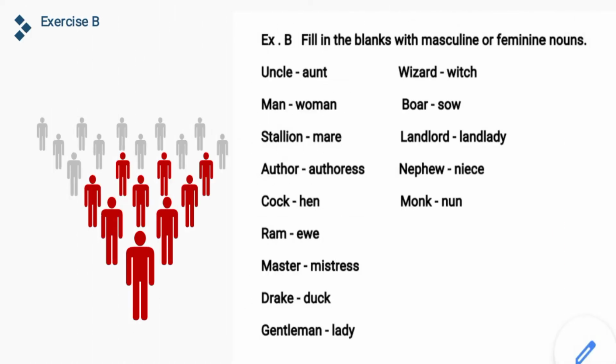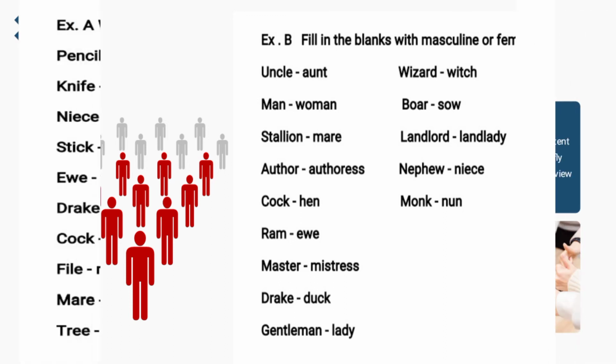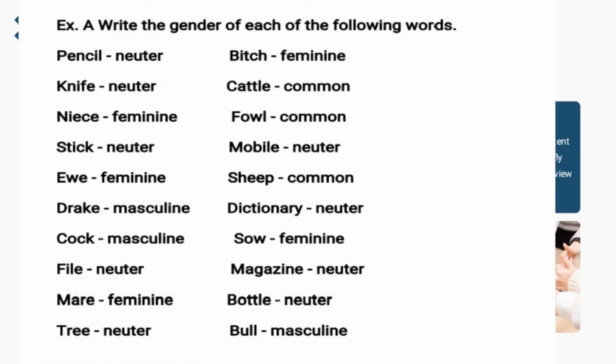Now exercise B. Fill in the blanks with masculine or feminine nouns. That means here you have to write the opposite gender of these words. Okay? In the exercise A, we have written the kinds of gender, like it is neuter, feminine, common.